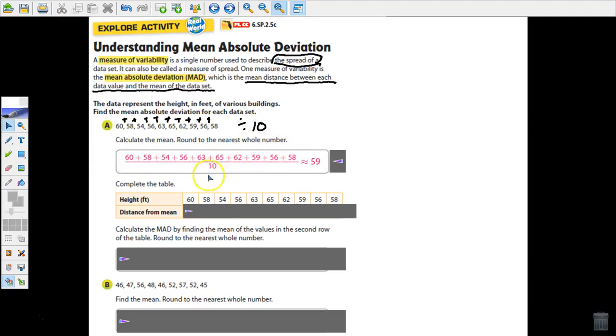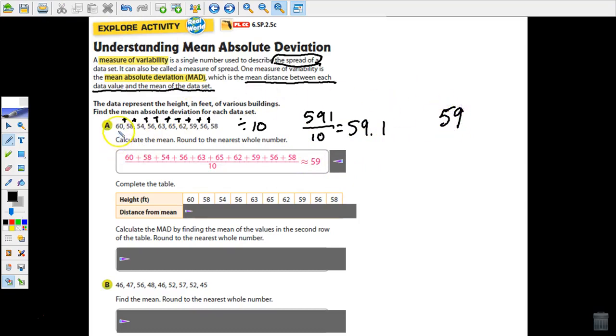We add them all up, divide it by 10, we get around 59. It's rounded to the nearest whole number. That's what they wanted us to do. So when you add it all up, it's 591. And then when you divide that by 10, you get 59.1. But we round it to 59 because that's the nearest whole number. So 59 is our mean.